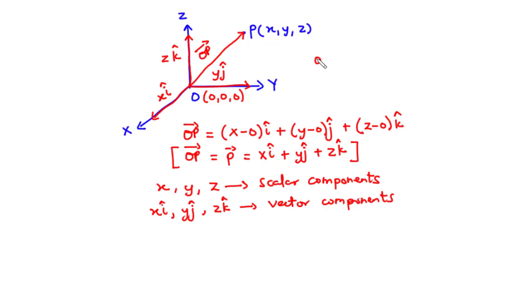And the magnitude of the vector OP is given by the square root of the x component square plus the y component square plus the z component square.